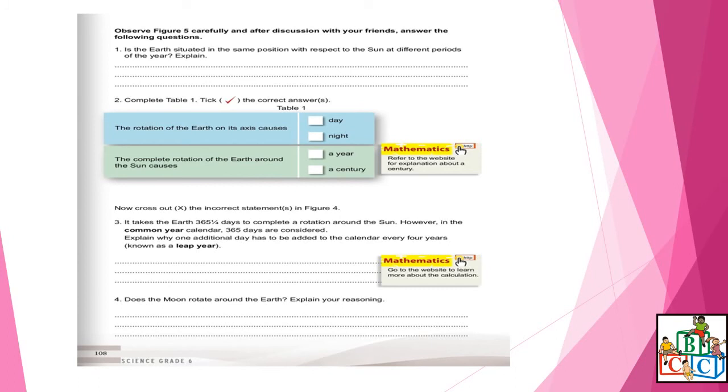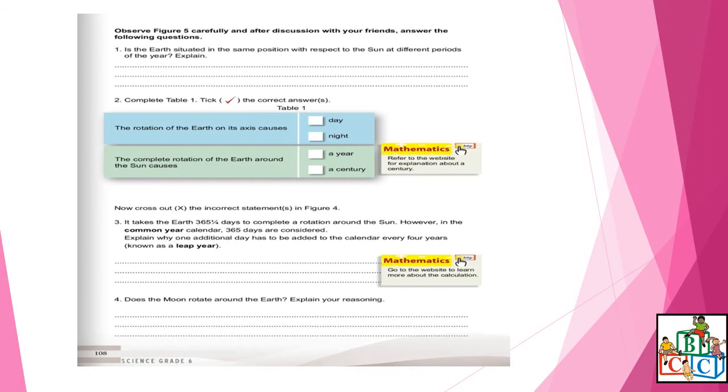Number 4. Does the moon rotate around the earth? Explain your reasoning. So do you think the moon rotates around the earth? Can you see the moon? Yes, you can, which means yes, the moon rotates around the earth. Because why?